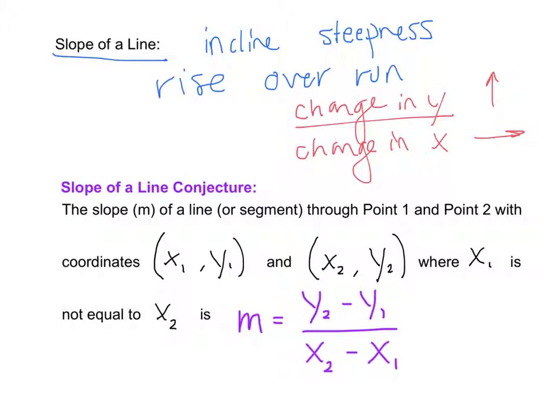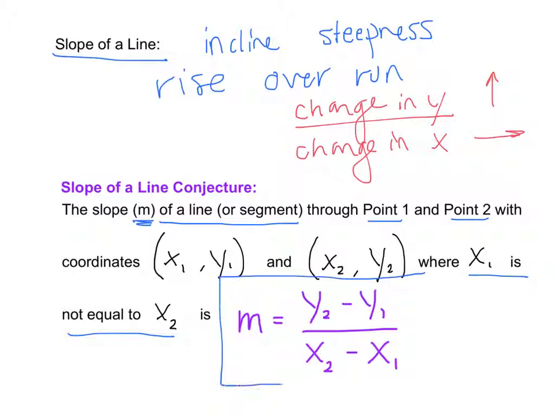So now we have another conjecture, the slope of a line conjecture, which says that the slope, or m, which is the variable we use for slope, of a line or segment through point 1 and point 2 with coordinates x1, y1, and x2, y2, where x1 is not equal to x2, is this.